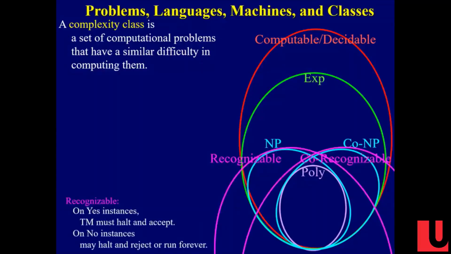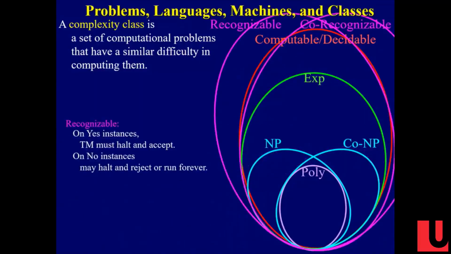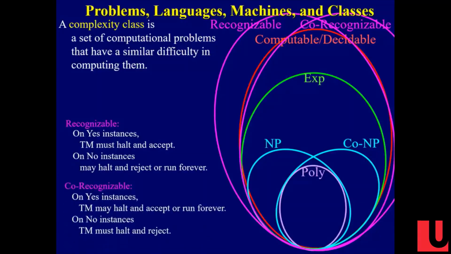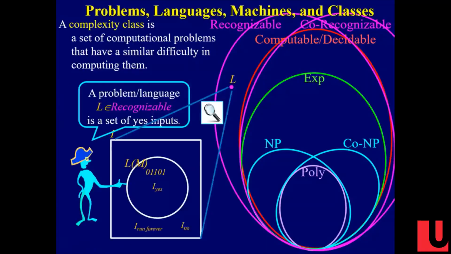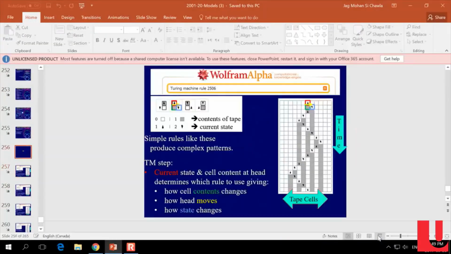And then up here, these are the ones that are recognizable, meaning when it's a yes instance, they have to halt and say yes, but if it's a no instance, they could run forever, and their complements. So this is just a quick review. That's it for that.